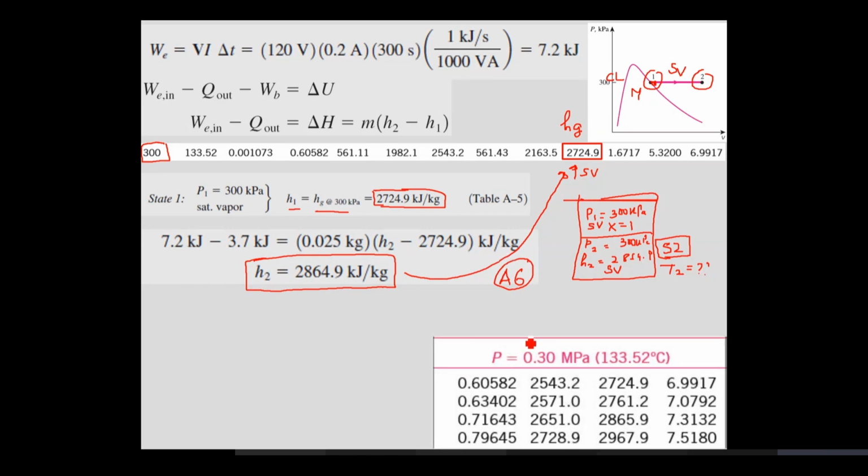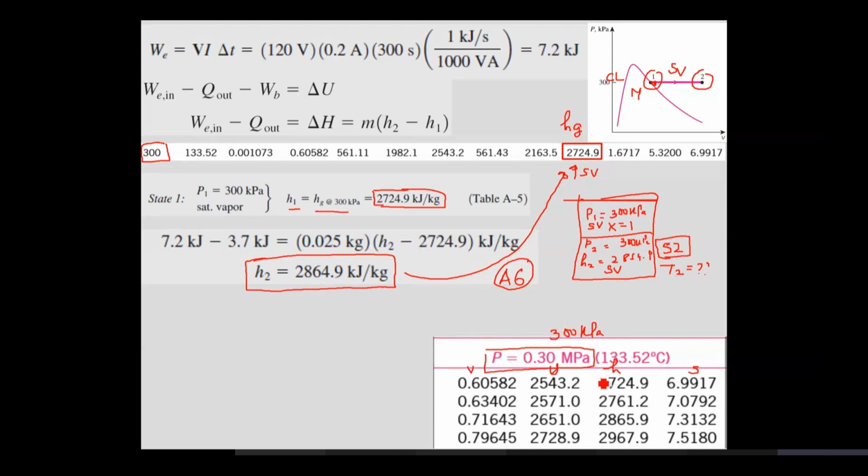For table A6, I'll go to the pressure which says 0.3 megapascal or 300 kilopascal. For this table, this is specific volume, this is internal energy, this is enthalpy, and this is entropy. So I'll go to the enthalpy value for 2864.9.